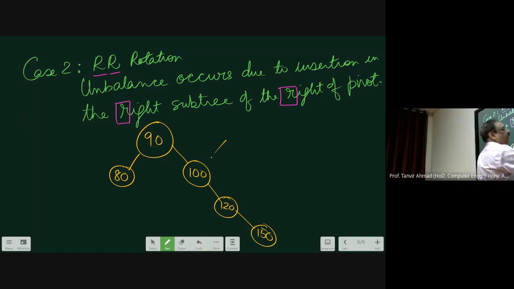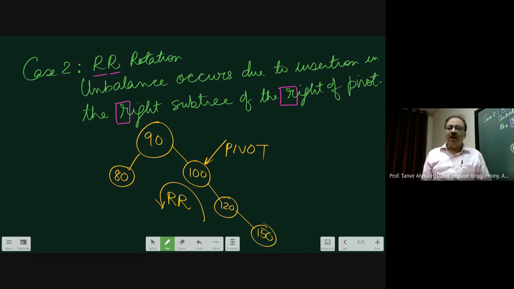And this is the pivot. I will do an anti-clockwise rotation, taking 100 as the pivot. Now this is anti-clockwise.